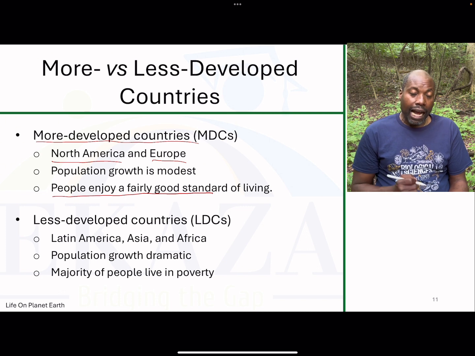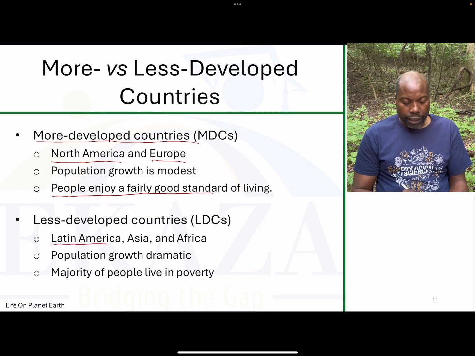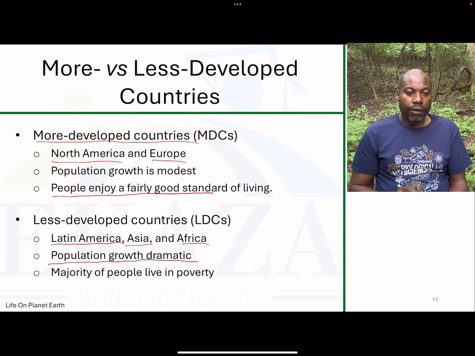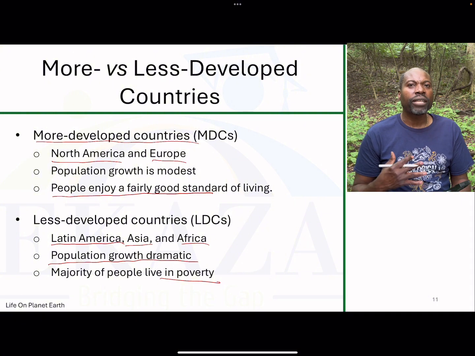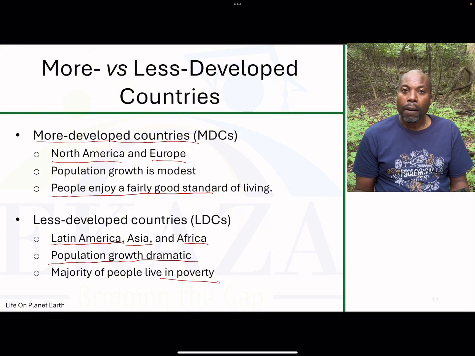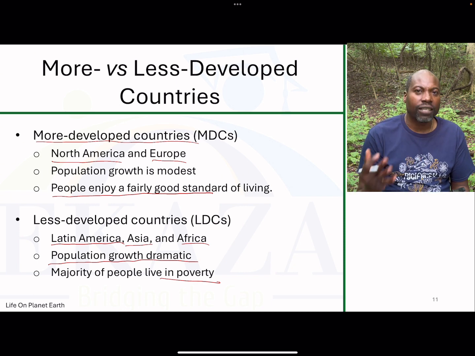Now, when we look at less developed countries, however, including Latin America, Asia, and Africa, population growth is tremendous. We see that the majority of people are going to live in poverty because there is a lot of competition for resources. But quite frankly, there are also other reasons.